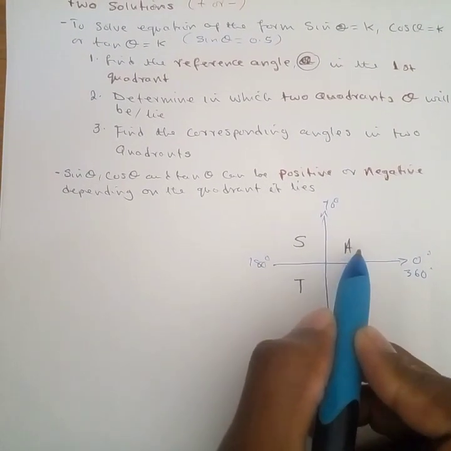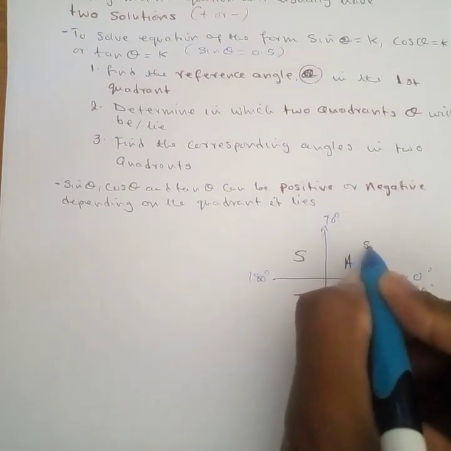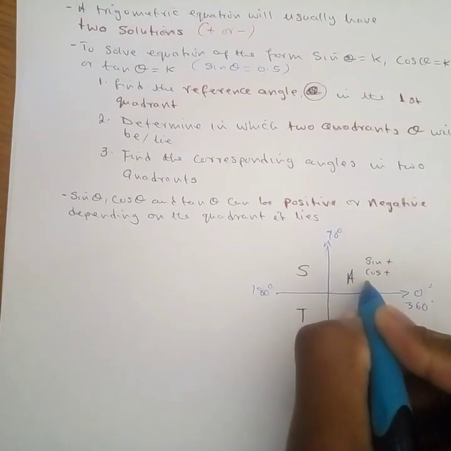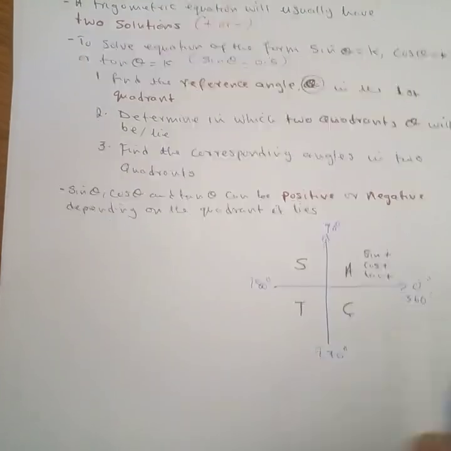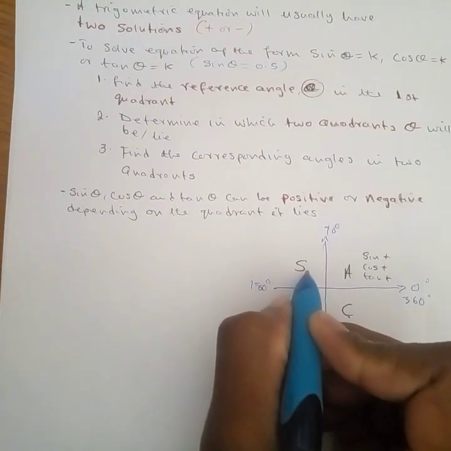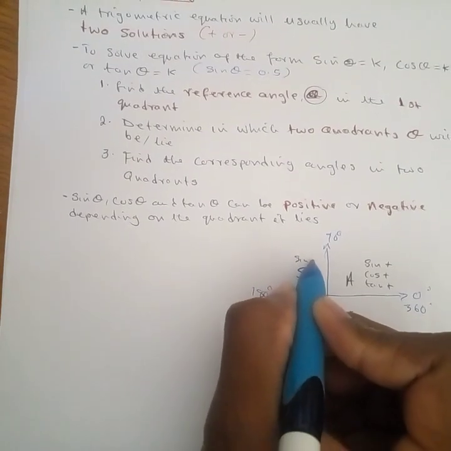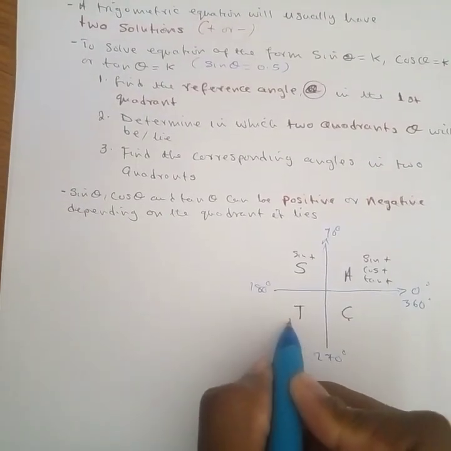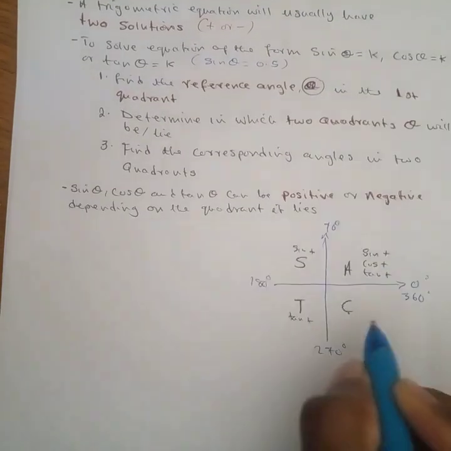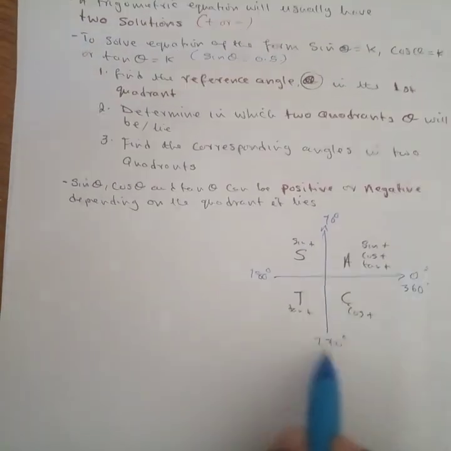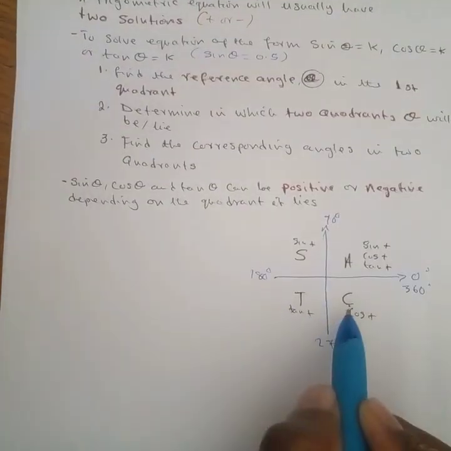In the first quadrant, all are positive, meaning sine, cos, and tan are positive. Here only sine is positive, the rest are negative. Here only tan is positive, the rest are negative. Here cos is positive, the rest are negative. This is what the CAST diagram tells us.